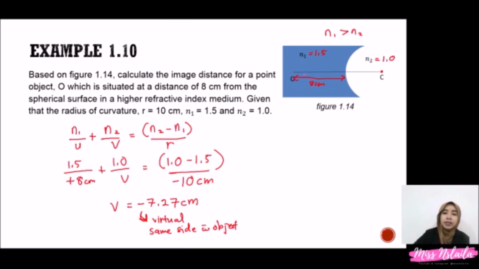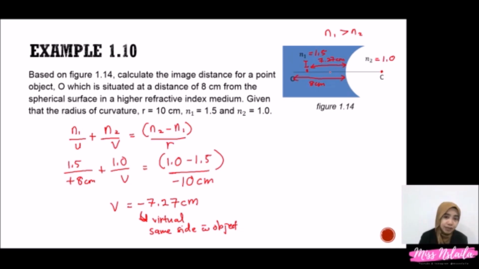The object is here, the image will form here also, on the same side, with a distance of 7.27 centimeter.